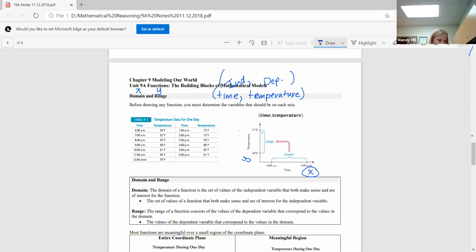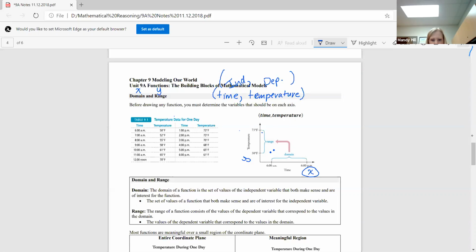Okay, so if we kept looking at this and we plotted these temperatures, what are they going to look like? At 6 a.m., I have about 50 degrees. So I would have a point somewhere around right here. At 7 a.m., I'm going to move over just a little bit. I know they don't all have this labeled, but we're going up a little bit to 52.